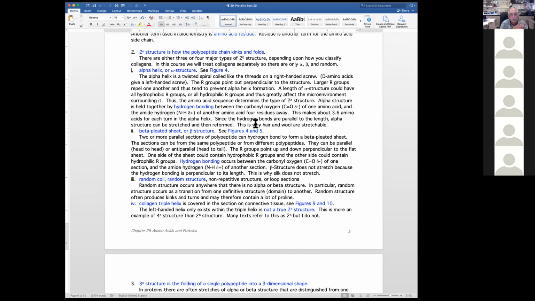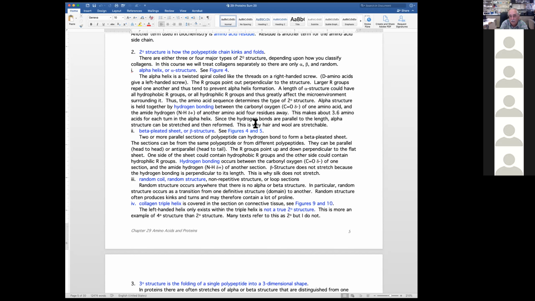So going back to looking at alpha and beta. So the alpha helix is a twisted spiral coiled like the threads on a right-handed screw. Well, that's because all the amino acids in nature are L. So a really kind of cool experiment they did way back is they synthesized D amino acids and made a similar sequence to that found with L amino acids.